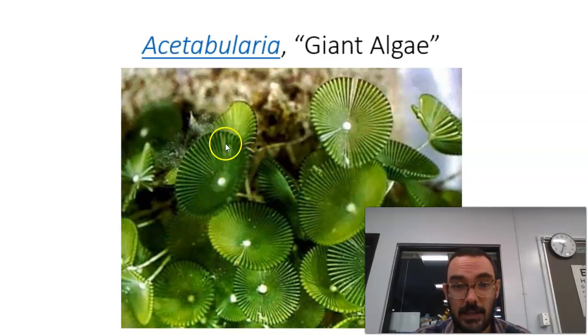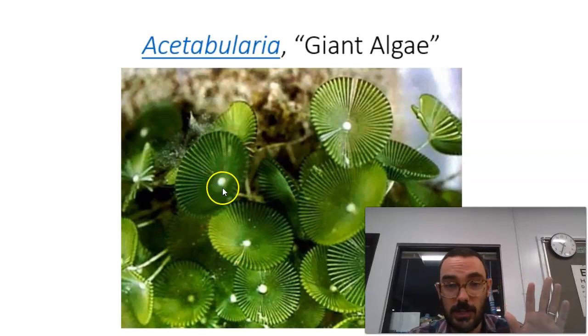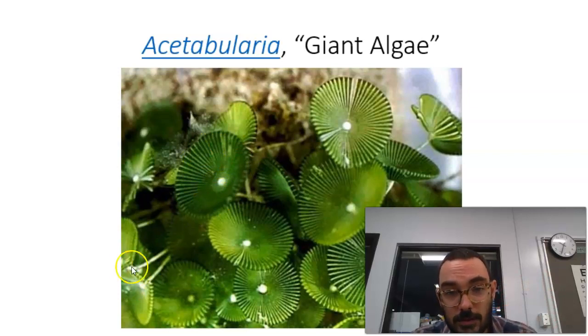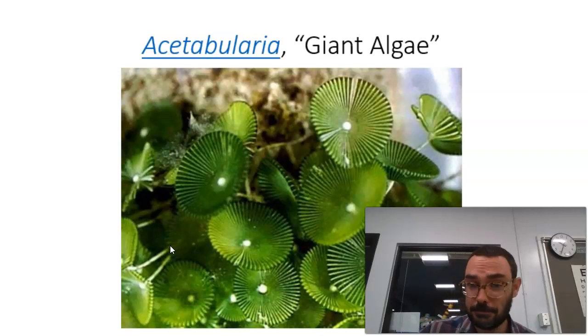This fan-like structure is just an extension of the cell, and then at the base of one of those fans, you can see it stretches out, and it looks like a stem. So it looks like we're looking at a plant with stems and leaves, but in fact, these are just single-celled organisms, which are up to about 100 millimeters in length. Very strange, very unusual cells, but they do not reject the cell theory.